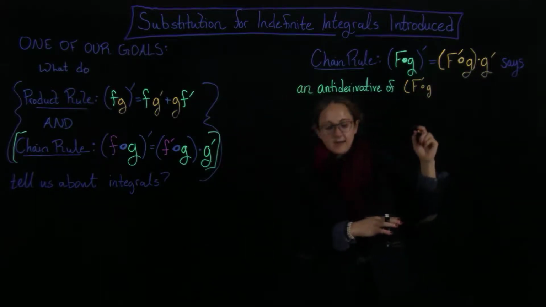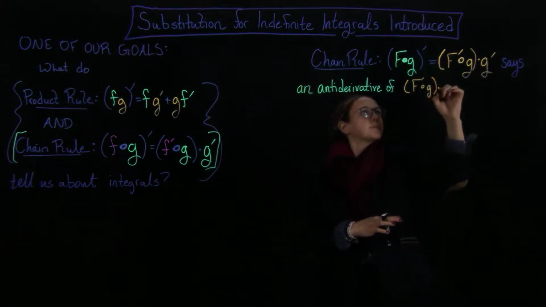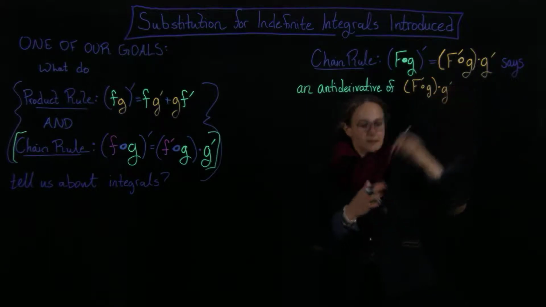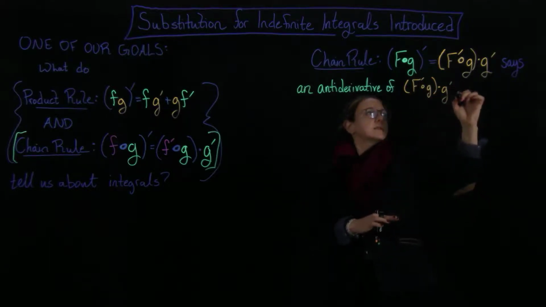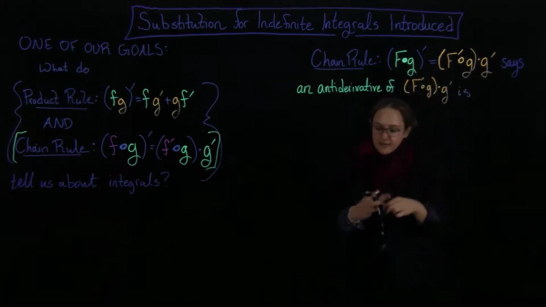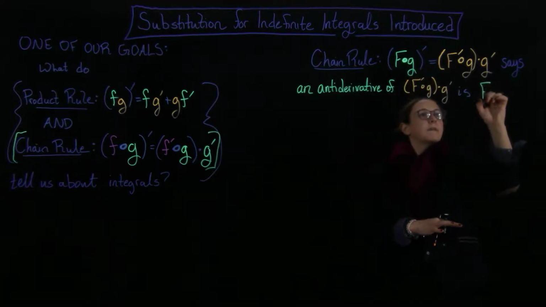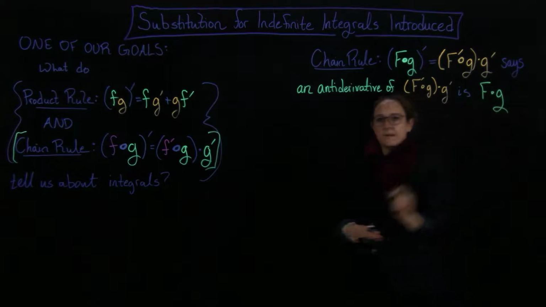The antiderivative of this is actually going to be this critter over here. So F composed with G, right?